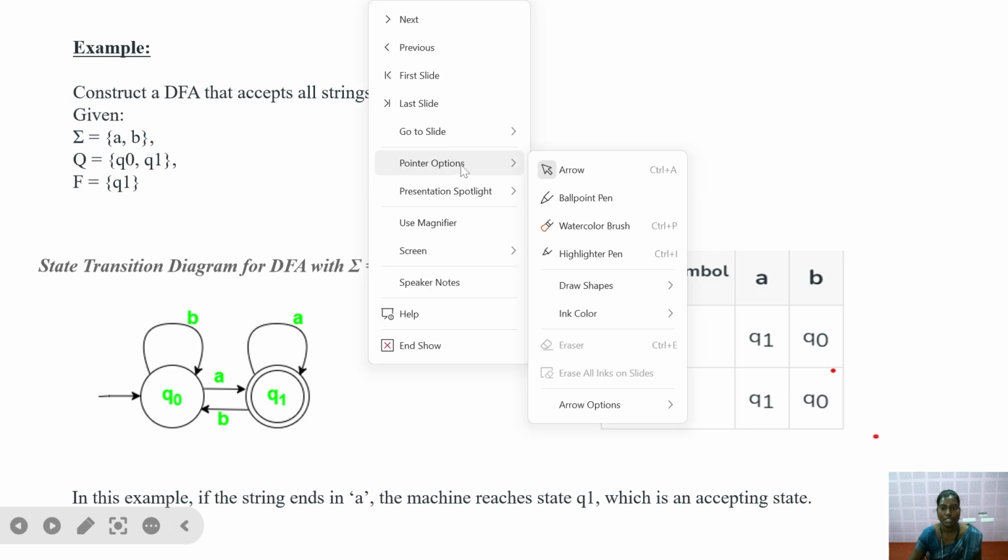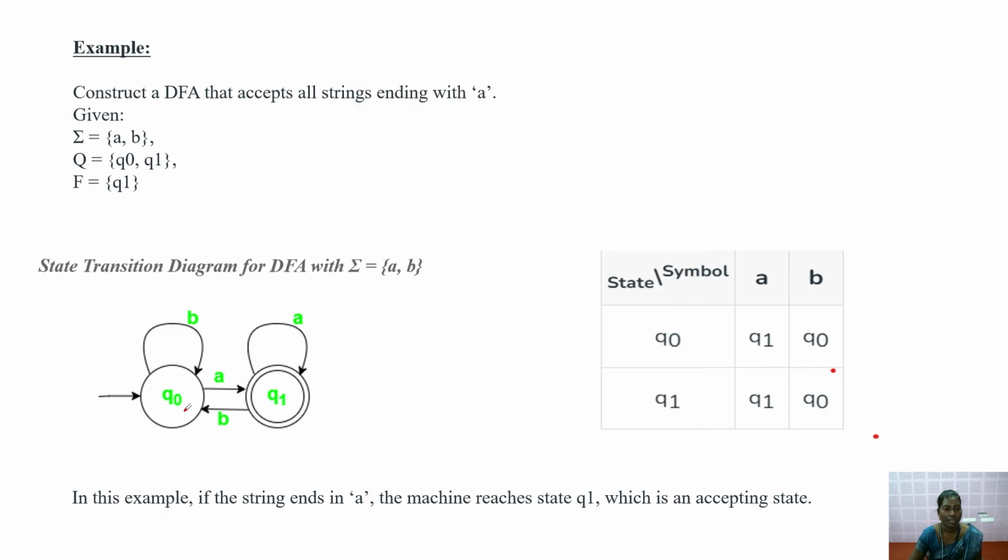Now let us see how it works. Here this is the state Q0. With input symbol A, Q0 moves to the next state Q1. So here Q0, on input symbol A, reaches Q1.